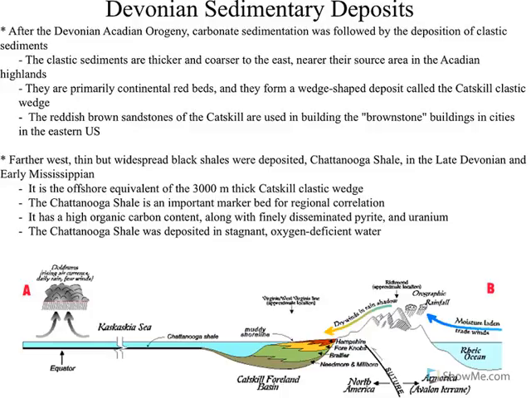Of course that color red is going to indicate lots of iron that's in there. What's really interesting is this clastic wedge material that's going to get deposited in this basin. Today we use it to build brownstone buildings. If you ever find yourself in New York or Chicago and you see all of these red brick buildings, that's all from this time period, from the Acadian.